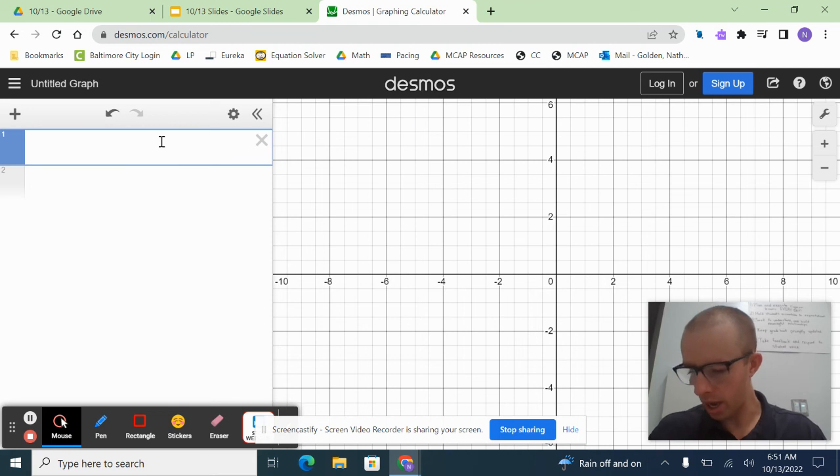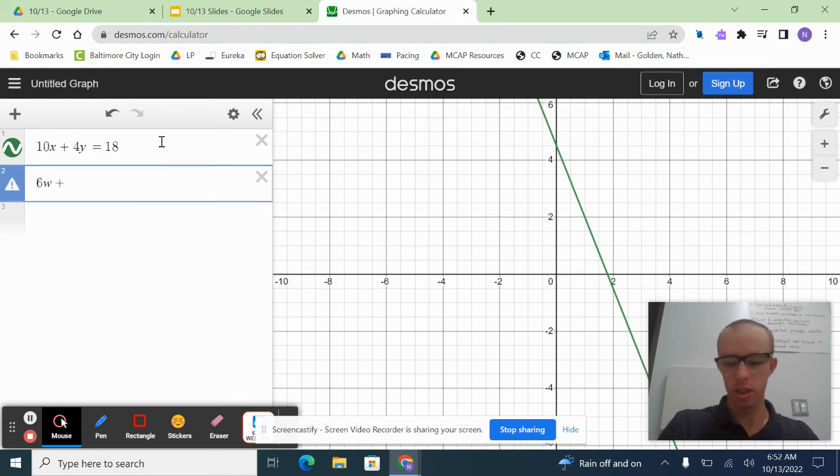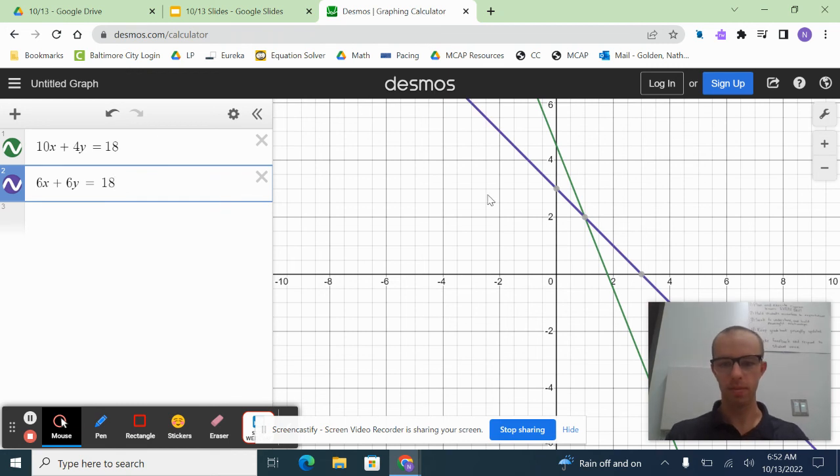All right, so we had 10 wings plus 4 mozzarella sticks equals 18. And 6 wings plus 6 mozzarella sticks. Oops, gotta use X and Y. 6X. Always check to make sure you typed it in correctly. 6X plus 6Y equals 18.